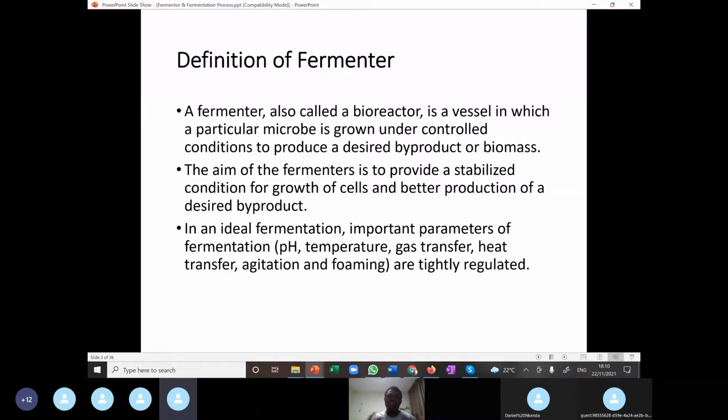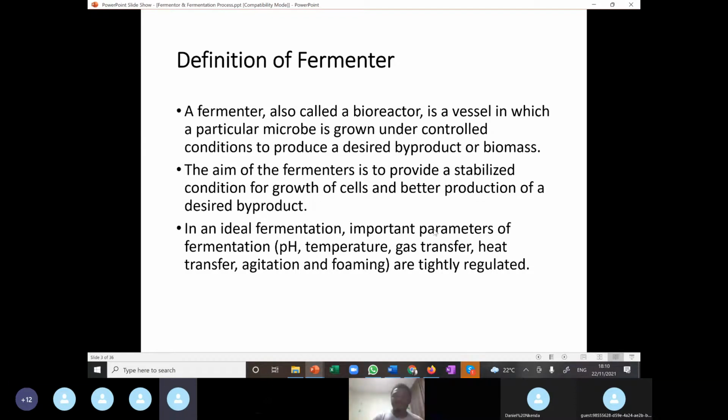We also want to agitate to ensure uniform mixing and to get rid of foam that is usually formed as a result of high protein synthesis or as a result of stirring, I mean, the agitation process itself.